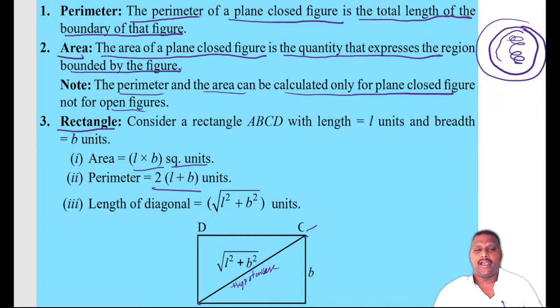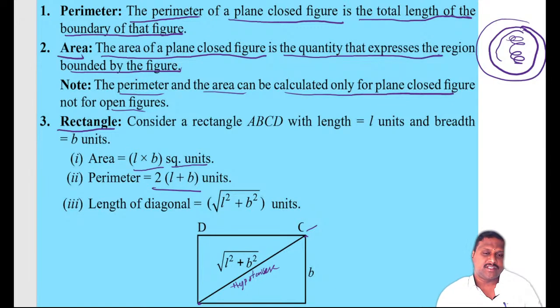What is area? The area of a closed figure is the quantity that expresses the region, the surface region occupied by that figure. Remember that area and perimeter we can measure only for plane closed figures.